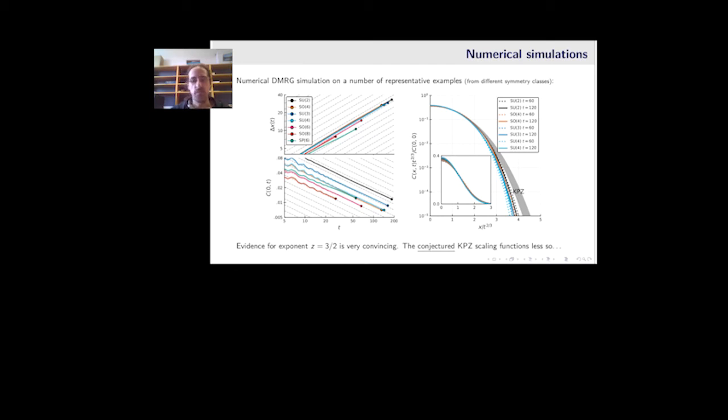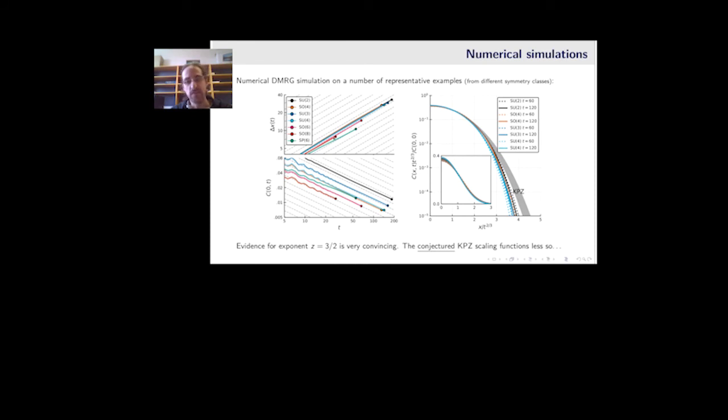So what we do in the paper as well is construct representative examples of integrable quantum chains which have not only unitary symmetries, but also orthogonal and/or symplectic symmetries of higher rank. And then we simulate all these spin chains. For simplicity, of course, we had to assume that the degrees of freedom transform in the fundamental representation. Otherwise, Hilbert spaces become very large very quickly.